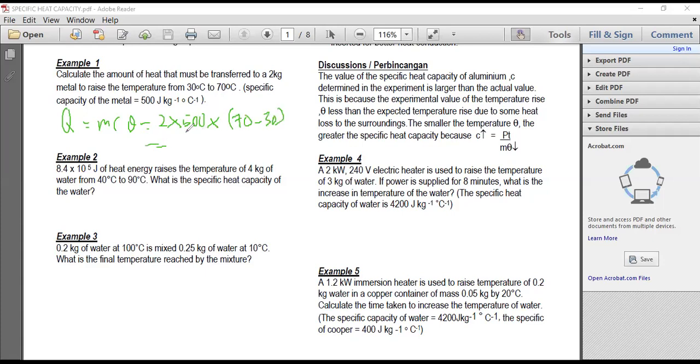Okay, so you press the calculator and you get the answer. So it's 4,000 joule.